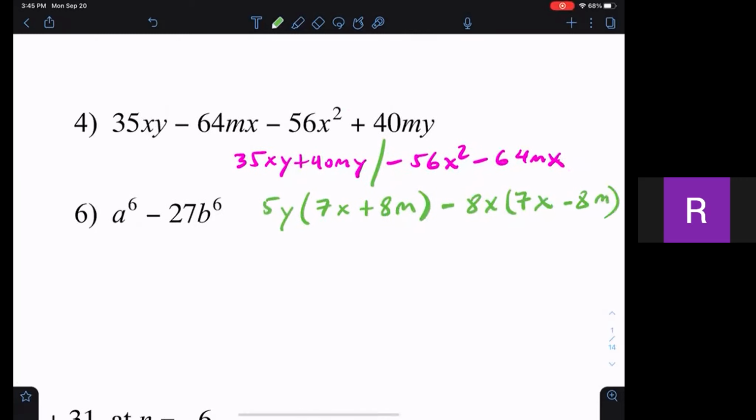So now you have the same. So this is going to be 5y minus 8, 7x plus 8m. It's supposed to be positive, right? Because negative and positive makes a negative. Yeah. So that's the answer, right? You have this the same as this, and then you have this the same as this. So that's the answer. Next.